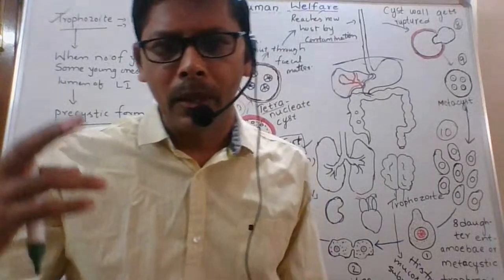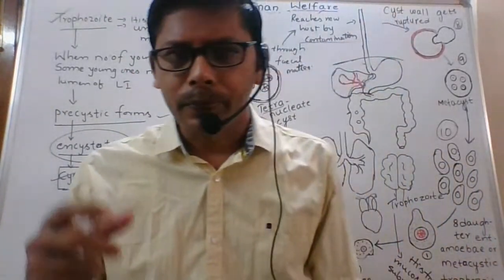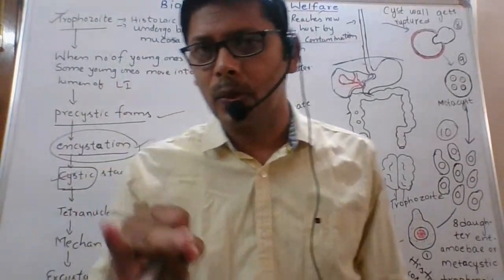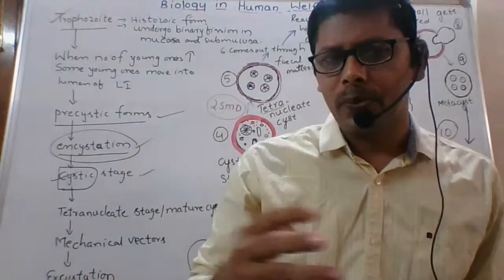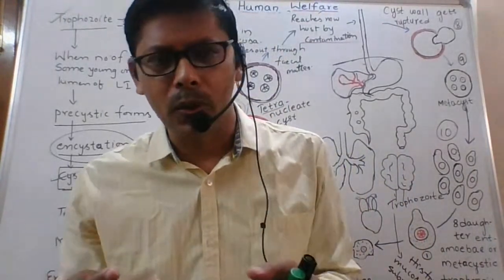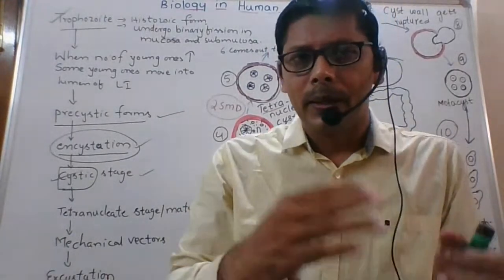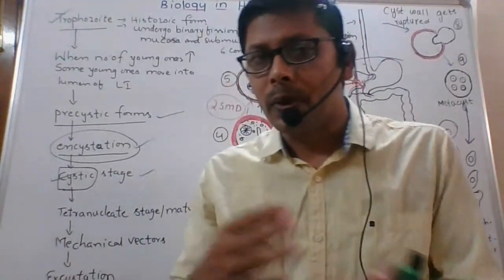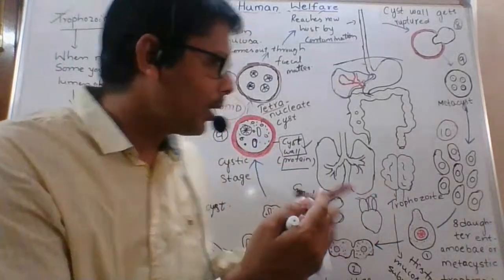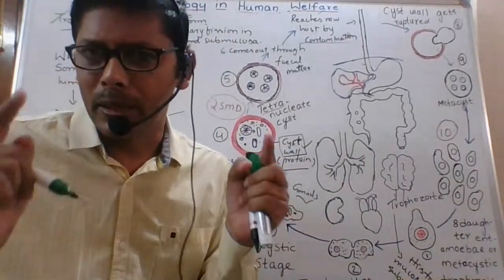For example, Virat Kohli hit 2 successive centuries. He is playing 3 one-days. In the first one-day match he scored a century, and in the second one-day match also he scored a century. That means successive, one after the other. Here the nucleus undergoes 2 successive mitotic divisions.